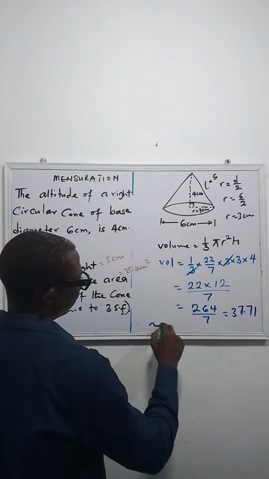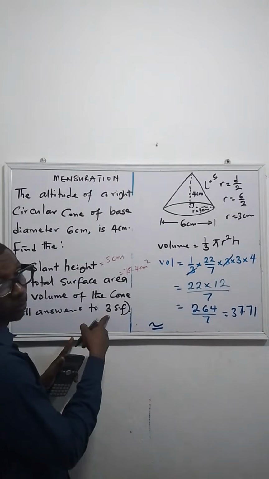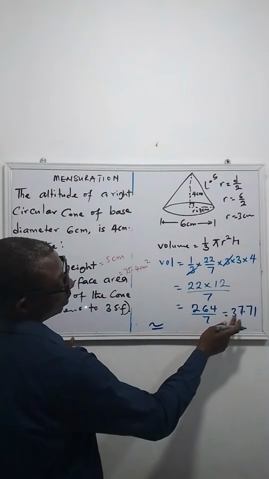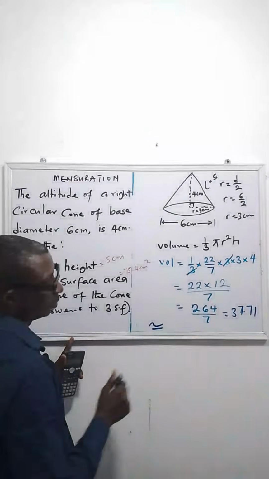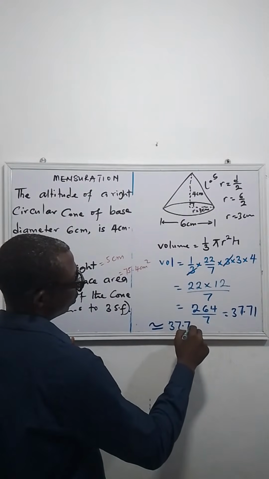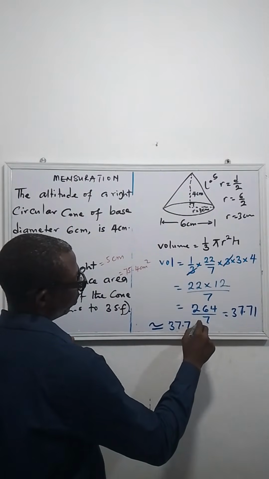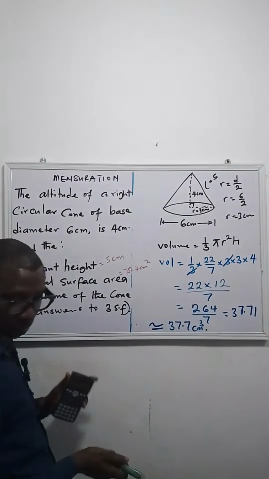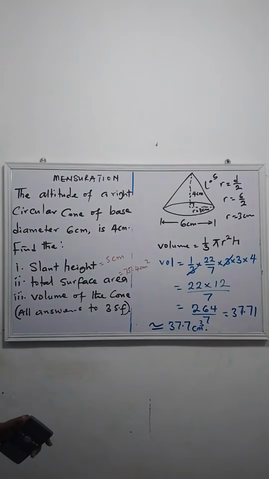Can we now correct to 3 significant figures? So you count 3 digits, 1, 2, 3. That means our answer is going to be 37.7 centimeter cube. That is going to be the volume.